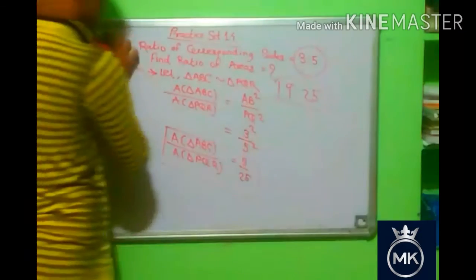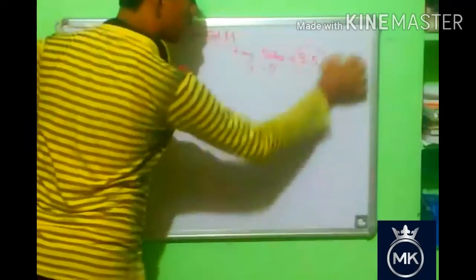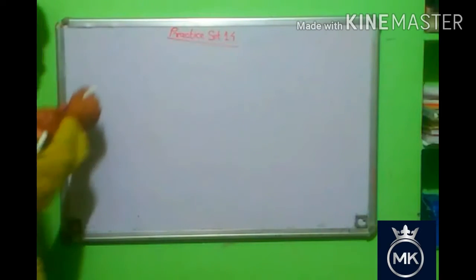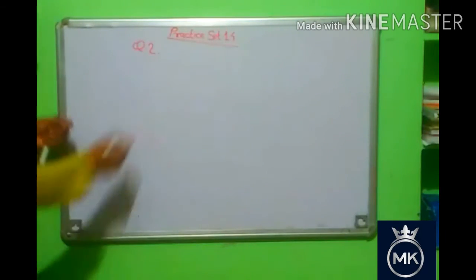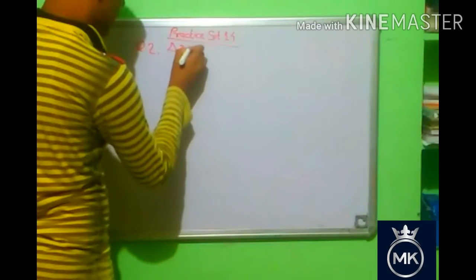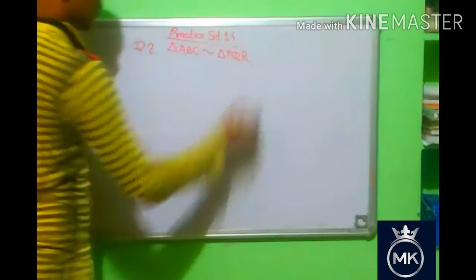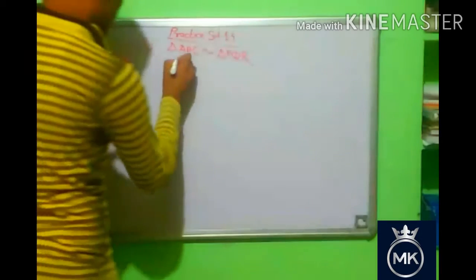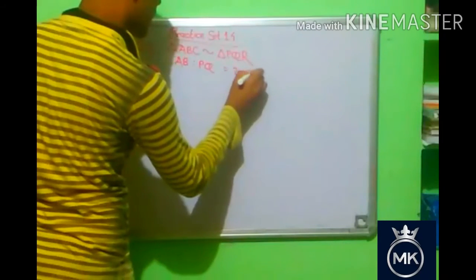Then in question number 2, we are given two similar triangles, triangle ABC similar to triangle PQR, and we are given AB is to PQ equal to 2 is to 3.